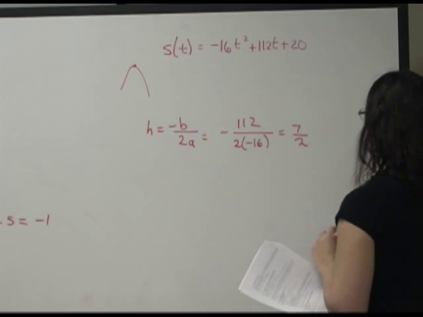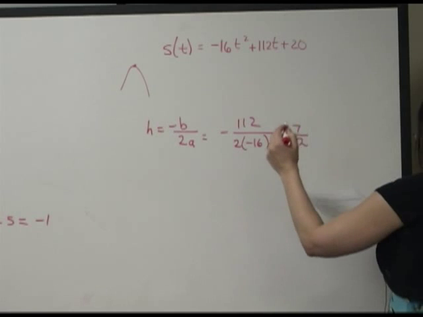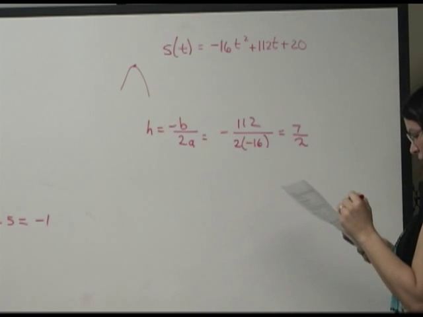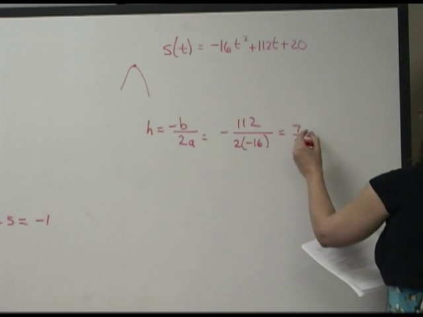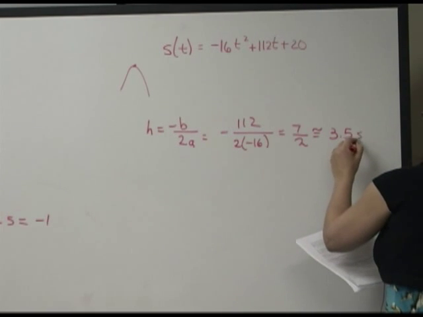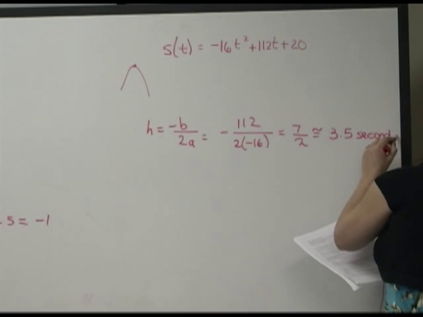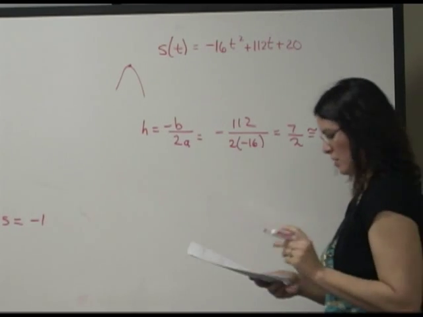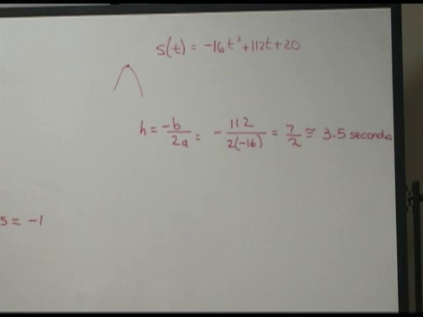That's roughly what, 3.5? And we're talking about seconds, right? Feet per second, yeah. So this will be roughly about 3.5 seconds? It is 3.5 seconds. So the rocket is going to reach its maximum height at 3.5 seconds.